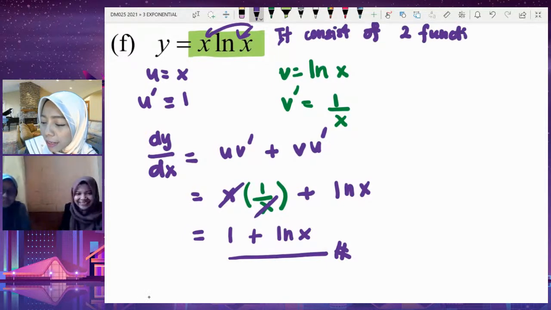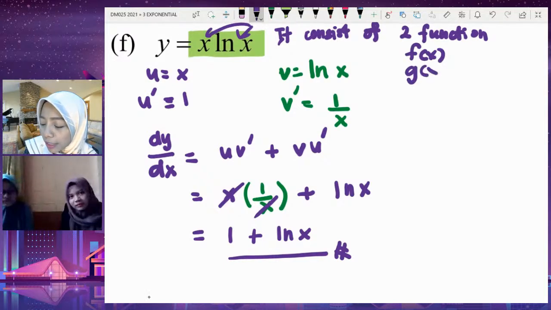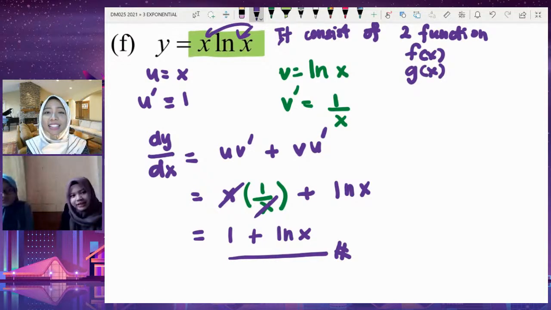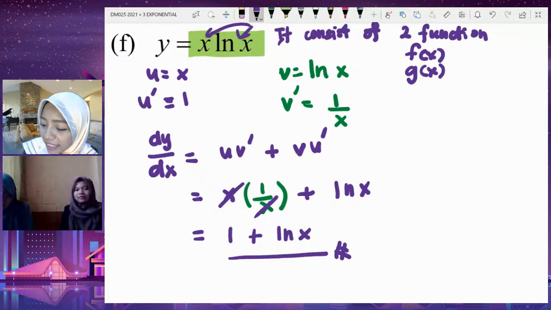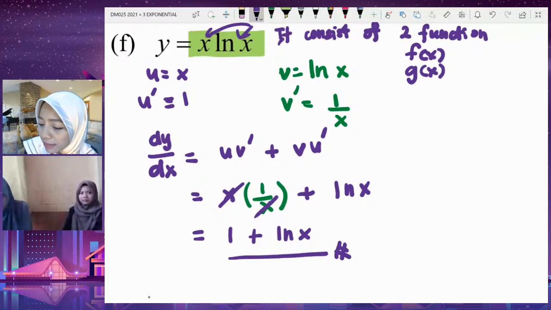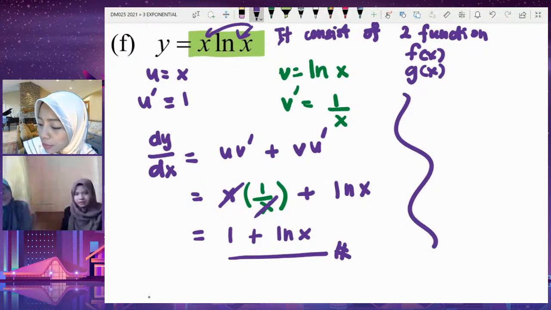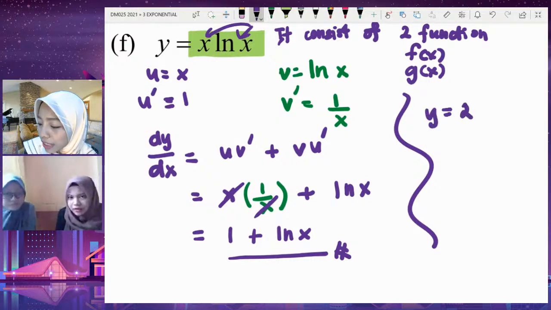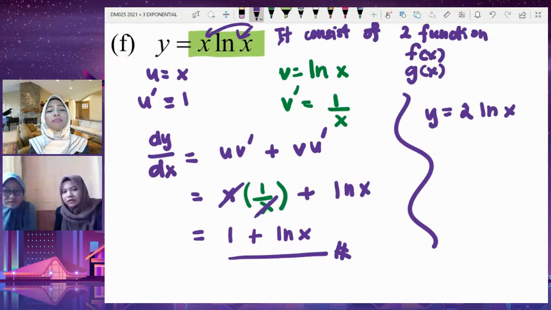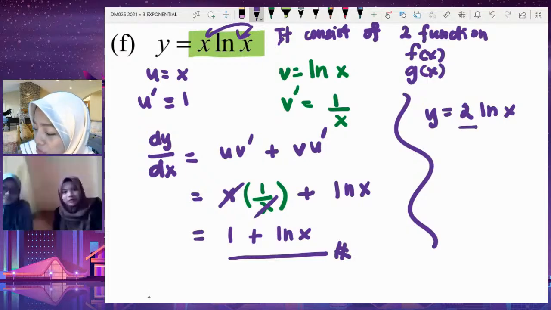Kenapa kita panggil dia function? Sebab satu tu ada sebutan x, satu lagi pun ada sebutan x. Adakah ini kita panggil two function sayang? Is this we call two function? Two ln x? No, because 2 is a?